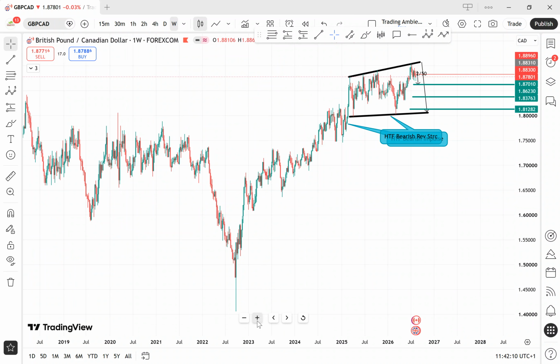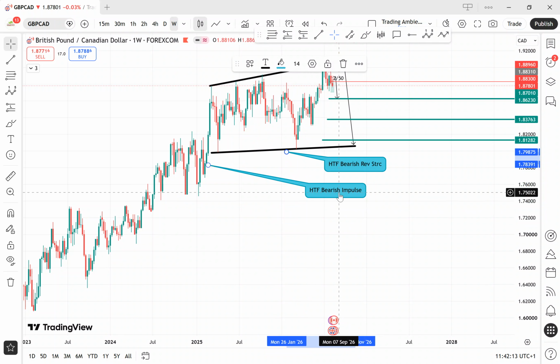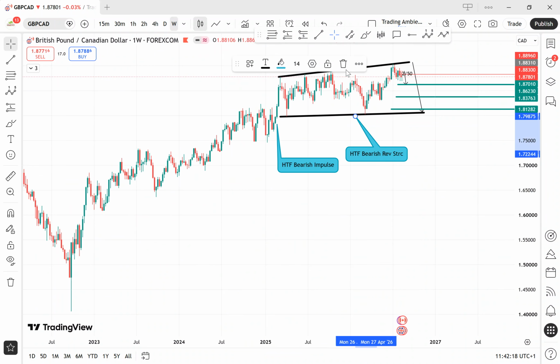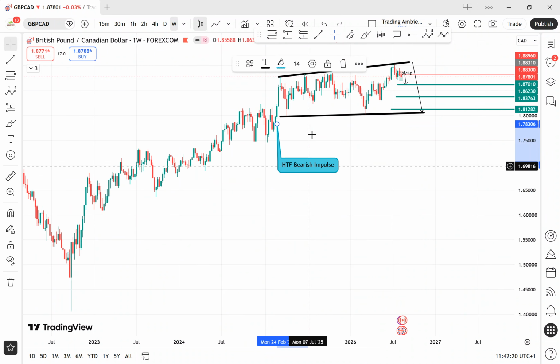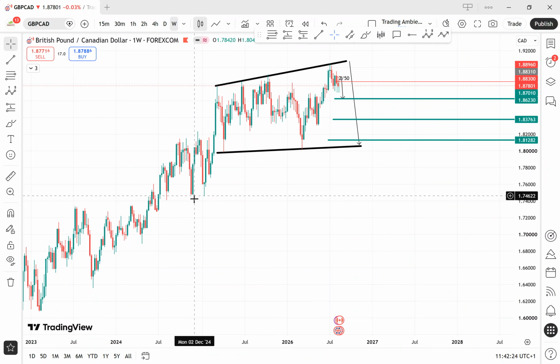So on the GBP card we have a bullish impulse right here and a bearish reversal structure on the weekly time frame, and this is as well a five waves reversal, 0, 1, 2, 3, 4, 5. Then I'm expecting the price to drop lower.